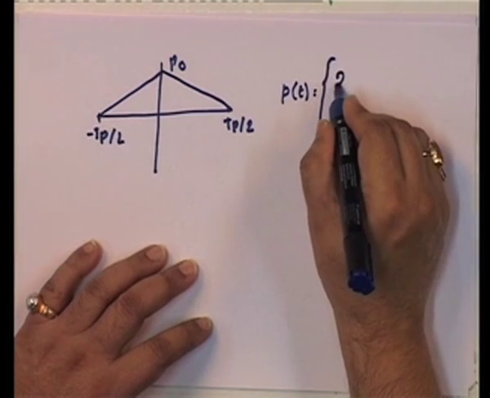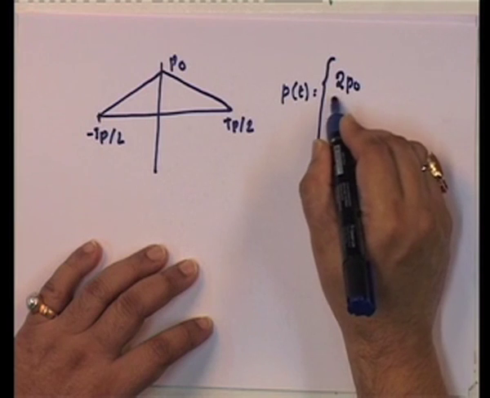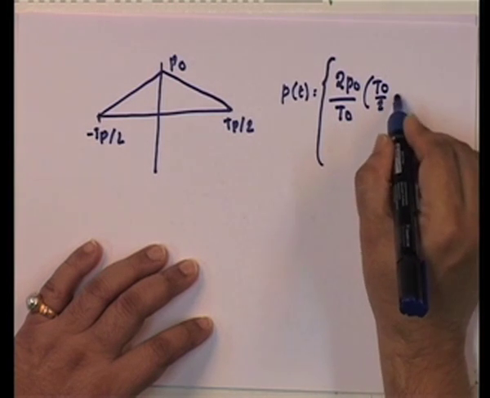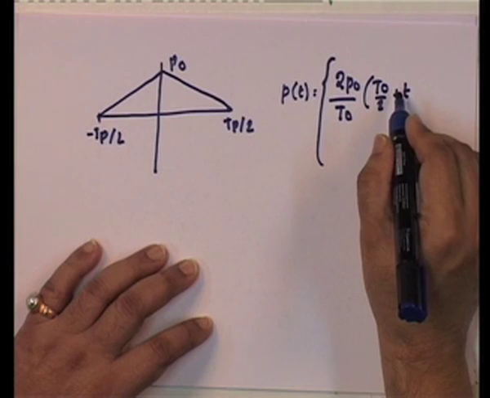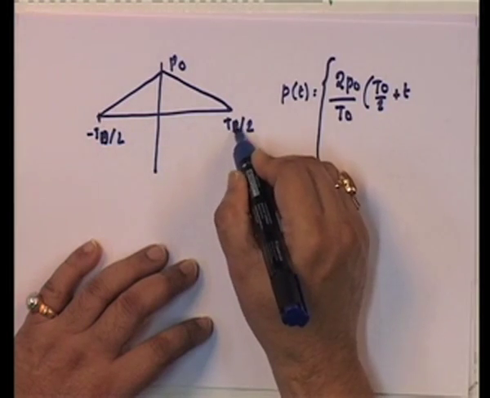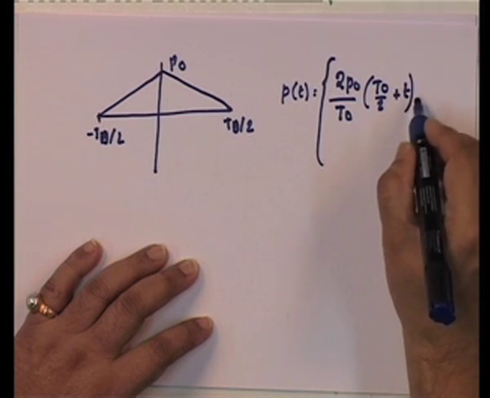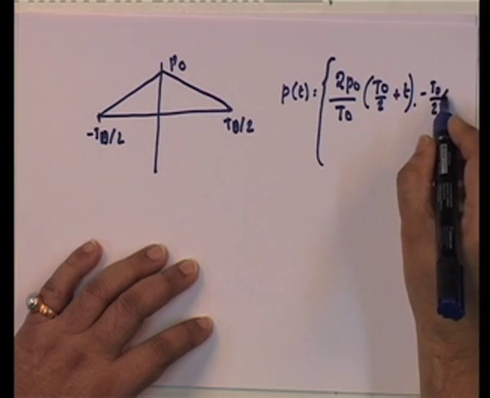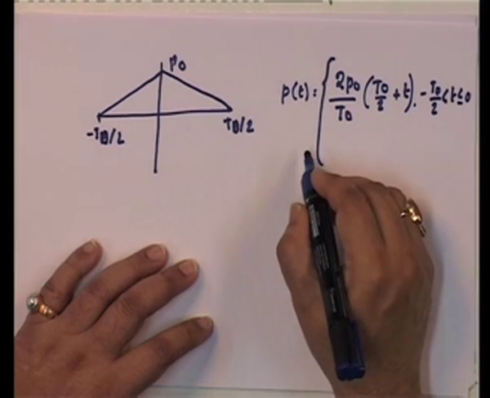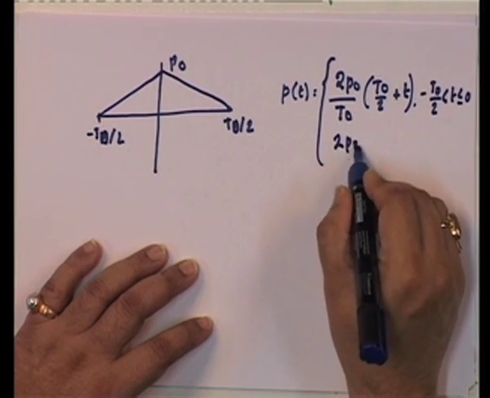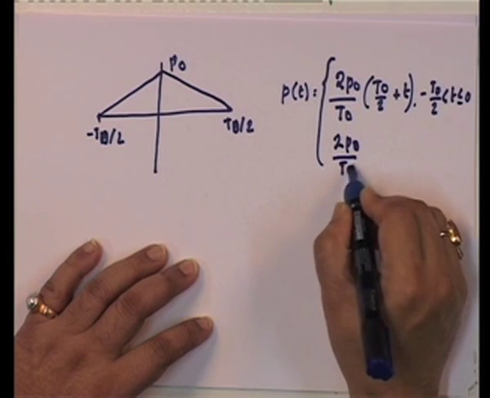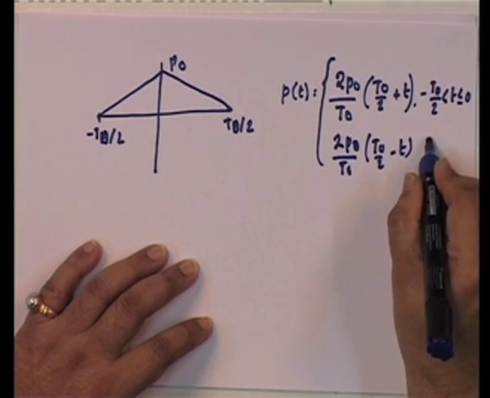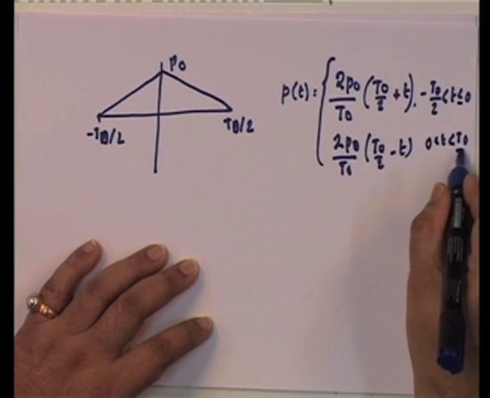It is defined by 2 P naught upon T naught into T naught by 2 plus T. I am calling this T naught, when I am going from minus T naught to 0, and it goes from 2 P naught upon T naught to T naught by 2 minus T, when it goes from 0 to T naught by 2.